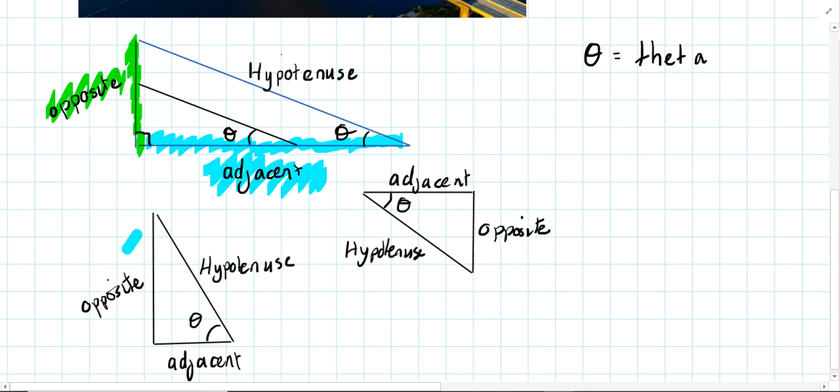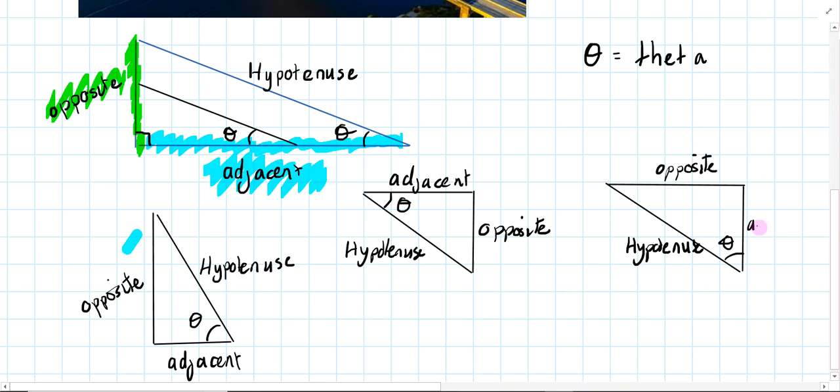Just to make you think one more thing, if I take the same looking triangle as that one, but this time I look at this angle, this side is still the hypotenuse, that side is the opposite, and this is the adjacent.